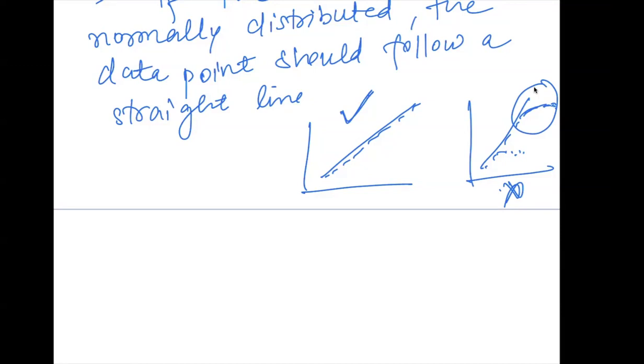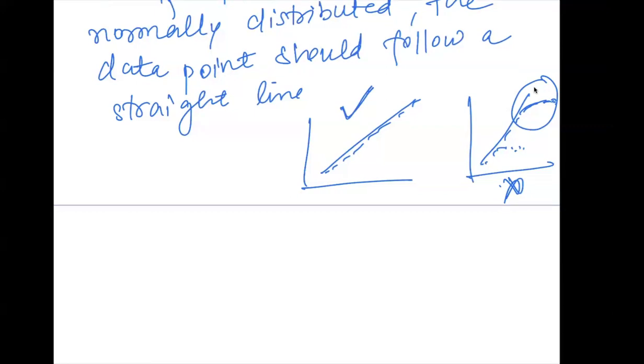Okay, perfect. So now how to address these issues, right? Let's focus on how to address these issues. Even before that, what I want you to focus on is this particular question.